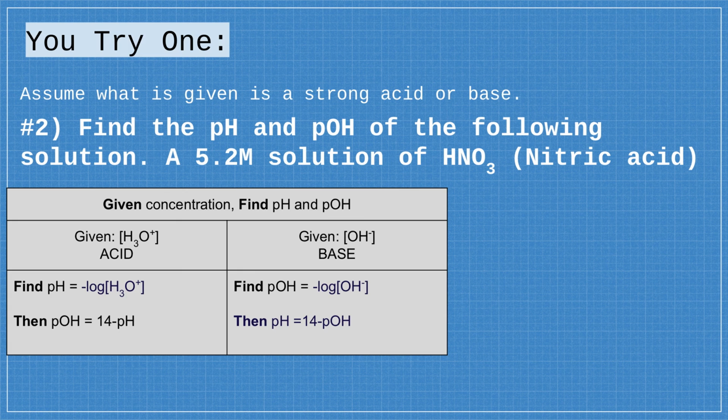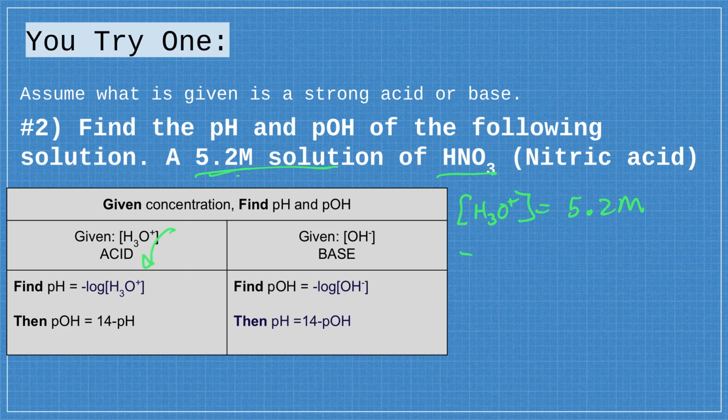So what we first have to realize is that because this is a strong acid, we have a 5.2 molar solution. Since it completely dissociates, that 5.2 molar is the concentration of your hydronium ion. So the concentration of H3O+ is equal to 5.2 molar.